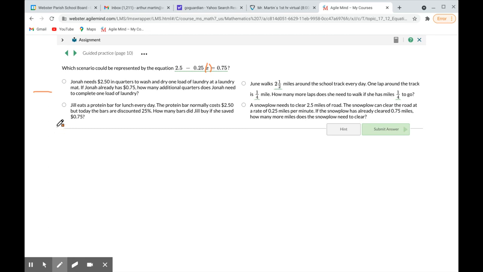Let's try this next one. Jill eats a protein bar for lunch every day. The protein bar normally costs $2.50, but today the bars are discounted 25%. How many bars did Jill buy if she saved 75 cents? I don't think that's what's happening. Do y'all?